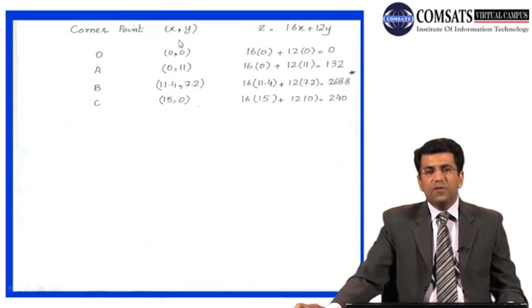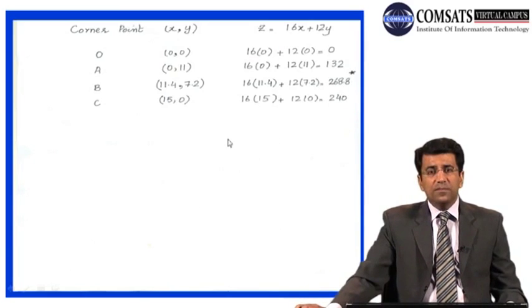By putting one by one these x and y coordinates in this objective function, we will get the value of our objective function equal to 0, 132, 268.8 and 240 respectively.